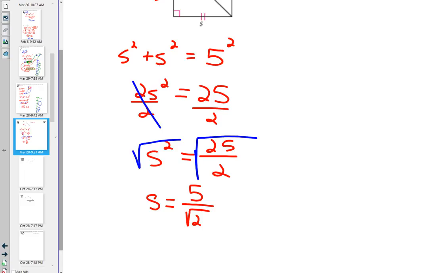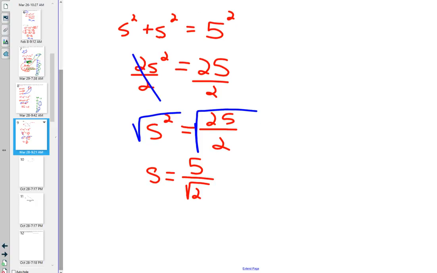Well, here's also something you should have learned in Algebra 1. You cannot leave a fraction with a square root on the bottom. So you do something called rationalizing a denominator, where you multiply it by square root of 2 over square root of 2. You never did that in Algebra 1? Because what's anything divided by itself? 1.